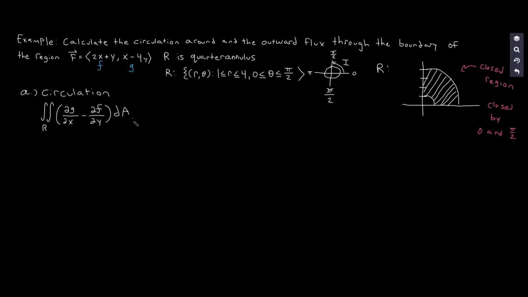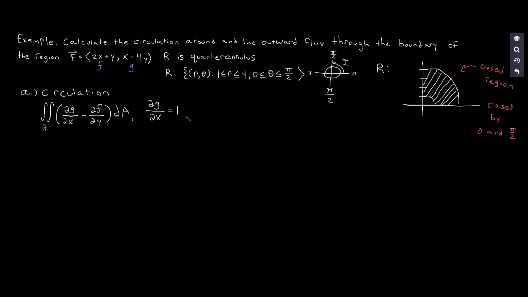And we want the partial derivative of g with respect to x. Well, the partial derivative of g with respect to x is 1 minus 4 times 0, so it's going to be just 1.